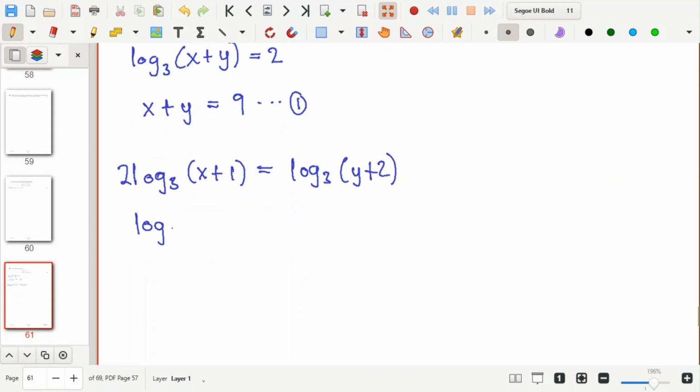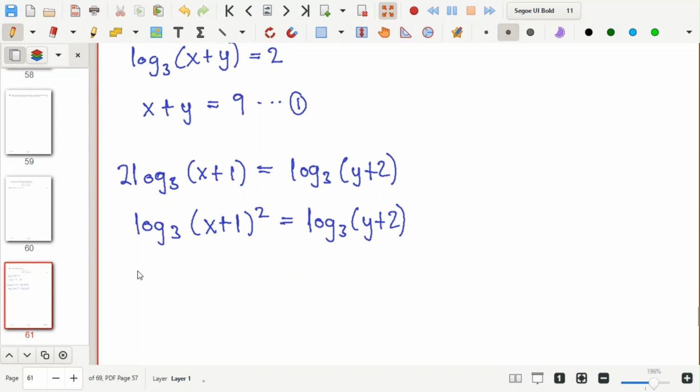Now, before I can solve this one, I have to express it as a single logarithm on both sides. So the coefficient becomes the power. Okay, so you can see I have a single logarithm on the right hand side, and on the left hand side I have a single logarithm expression.